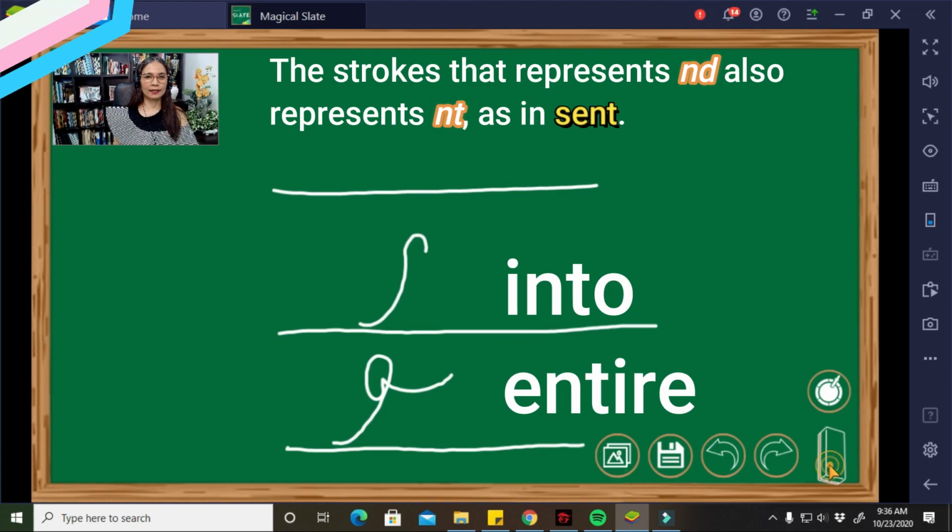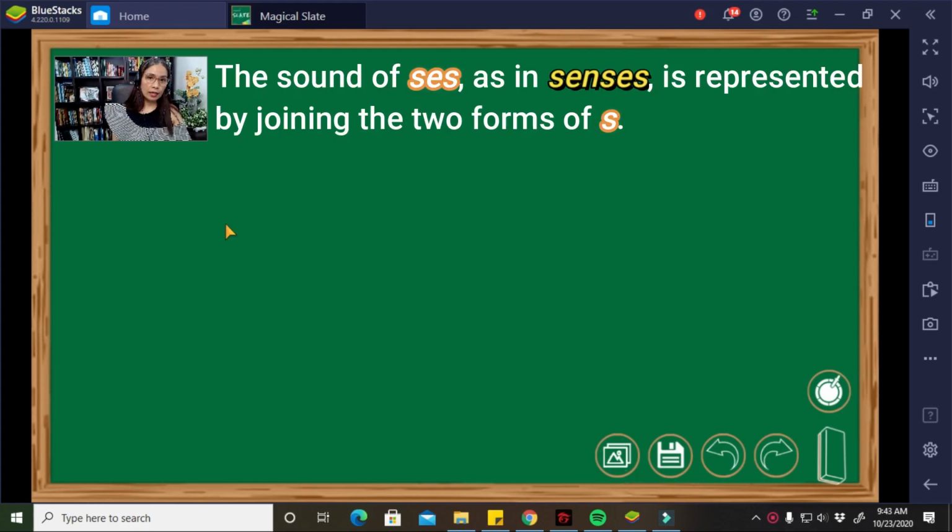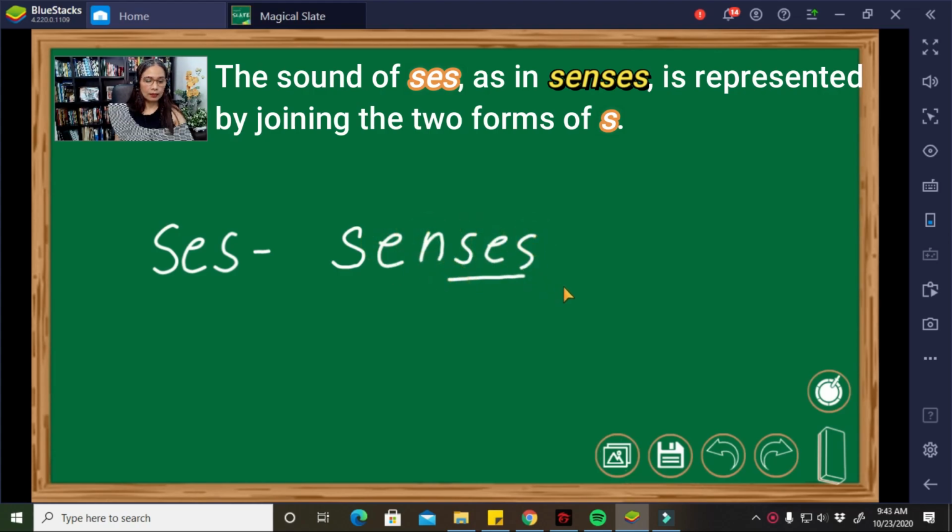Okay. Now, the second principle that we are going to take up is the sound of SES that we hear in the word senses, for instance, is represented by joining the two forms of S. What are our two forms of S?